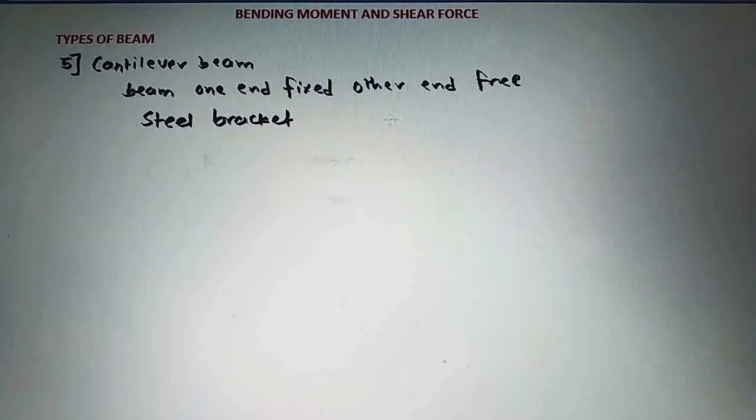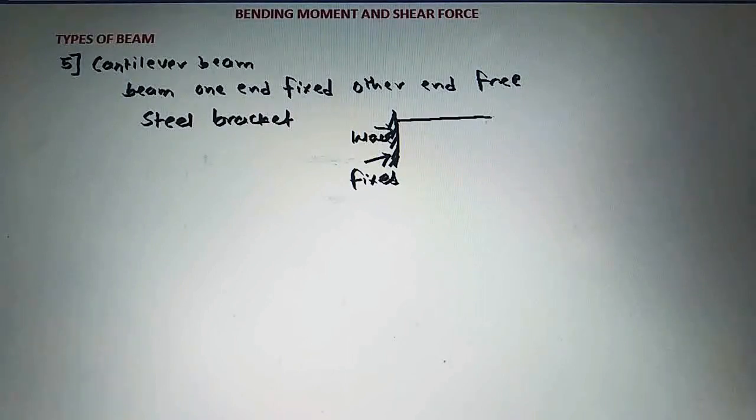In case of a steel bracket, one end of the steel bracket is fixed in a wall, and the other end of the steel bracket is free here. So the steel bracket is an example of a cantilever beam, where one end is fixed in the wall and the other end is free.